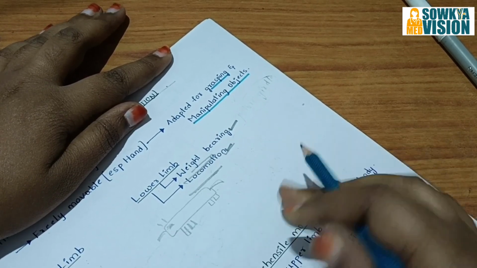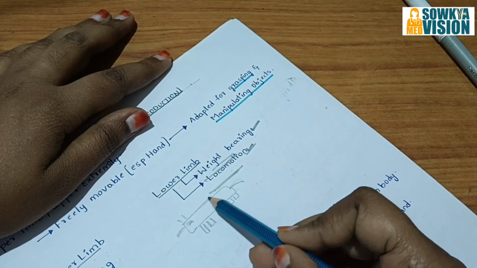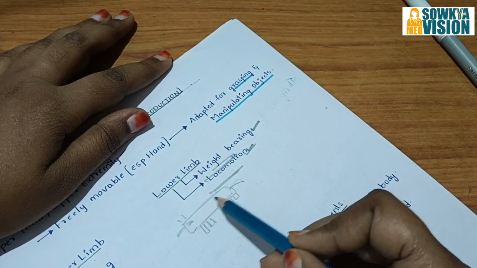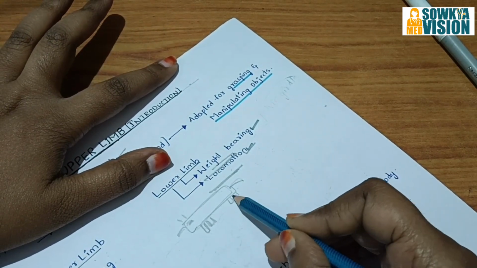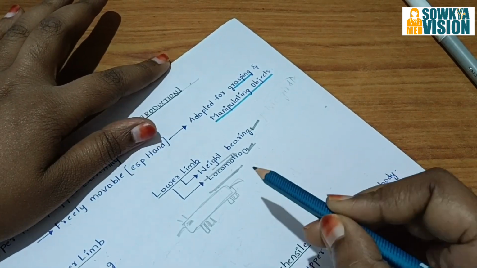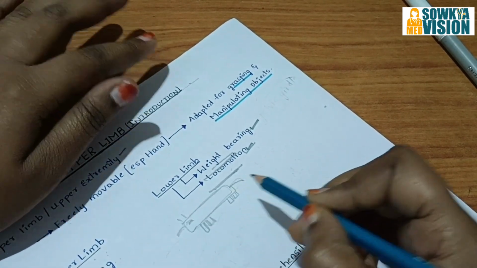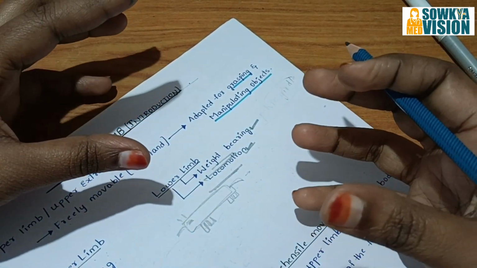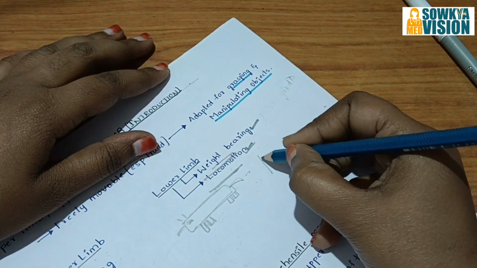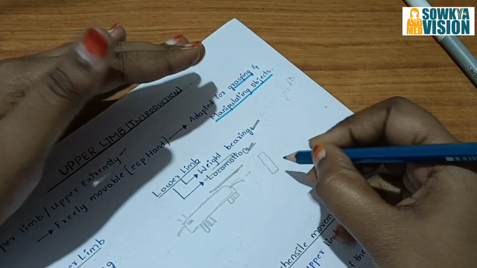Now the whole body weight, the body mass, is equally balanced on these 4 limbs, the forelimbs and the hind limbs. Unlike animals, our human body is adapted differently. This whole body is erect in humans.